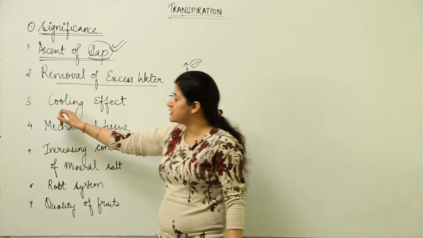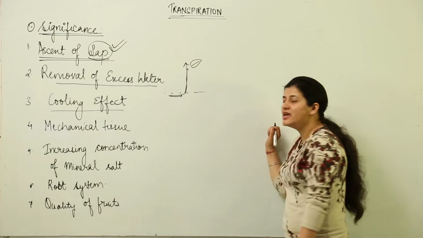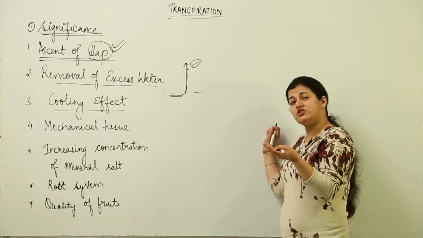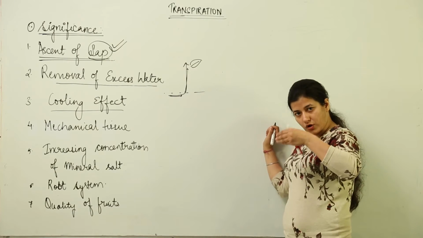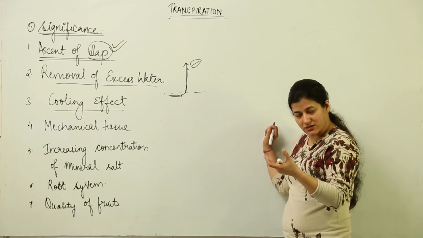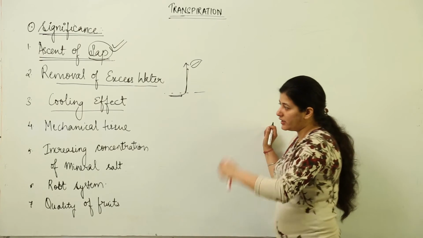Then, because the process is an evaporative process, it has a cooling effect. Whatever heat is being generated inside the plant tissues due to the radiant energy, as the water moves out in the form of vapors, it is an evaporative process, as you know, and it results in the cooling of the surfaces. So it has a cooling effect as well.